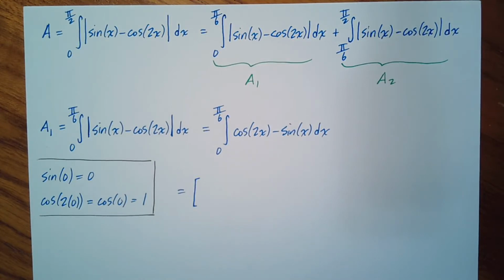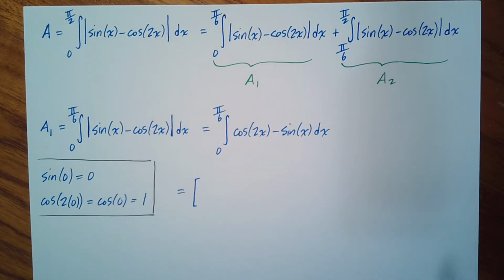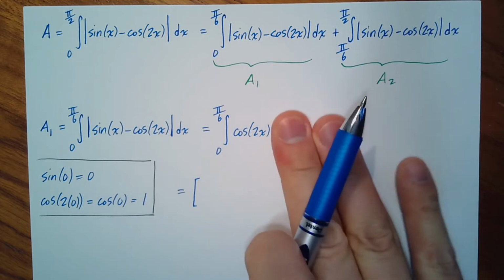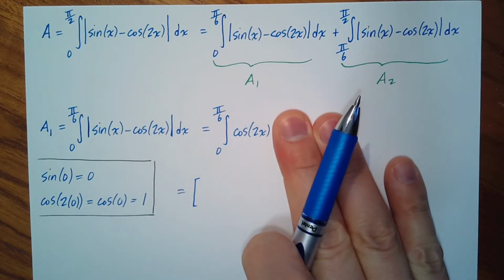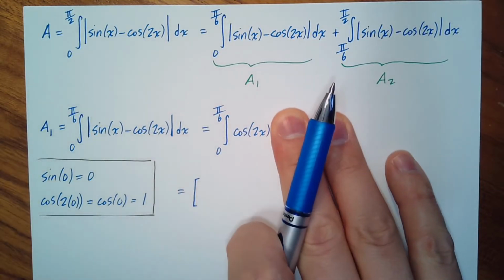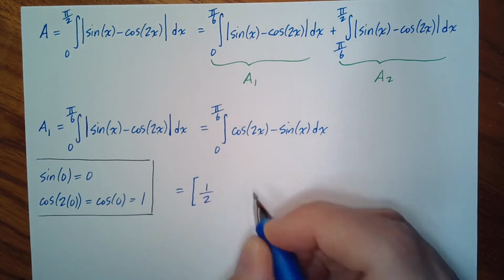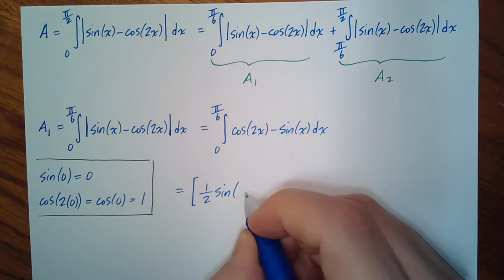You can do a substitution here if you want. I'll leave it to you as an exercise, but you can work it out carefully. Do the substitution u is equal to 2x, and you'll end up getting 1/2 sine of 2x. It's a straightforward substitution. Just try u equals 2x and it will work.